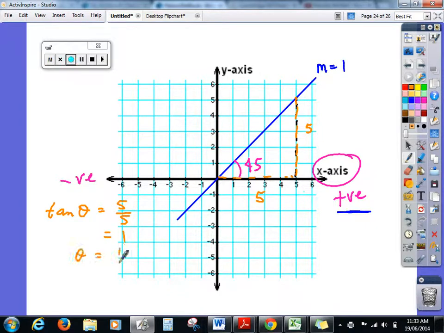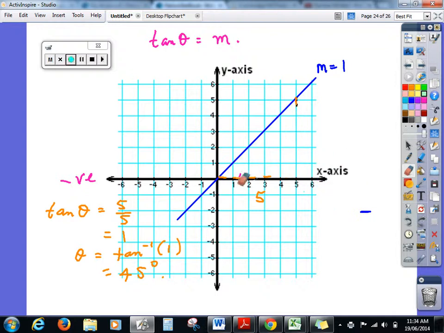So theta equals tan inverse of 1, which equals 45. We know that's in the first quadrant, so we don't need to worry about whether it's in the first or third quadrant, where tan is also positive. So the tan of theta, this angle here, actually equals the gradient. Let's see if that's true in another form.